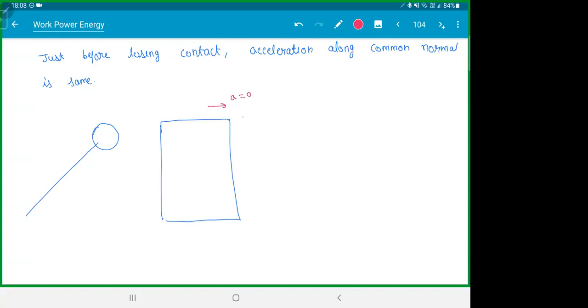There is no force. I'm exaggerating the figure. It's actually pretty close. This guy will have 2 accelerations: A centripetal, A tangential. And now you're saying this is the common normal. This is 60 degrees. This is 60. This is 30. So the horizontal component A tangential cos 30 minus A centripetal cos 60 should be equal to 0.